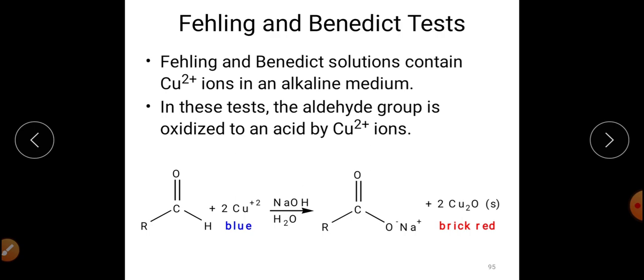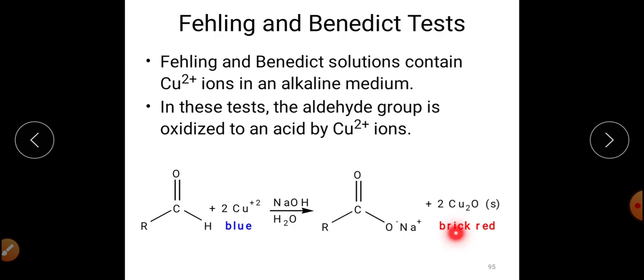When this Fehling solution is allowed to react with the aldehyde at an elevated temperature, the aldehyde gets oxidized into the sodium salt of carboxylic acid with the formation of a red precipitate of cuprous oxide.